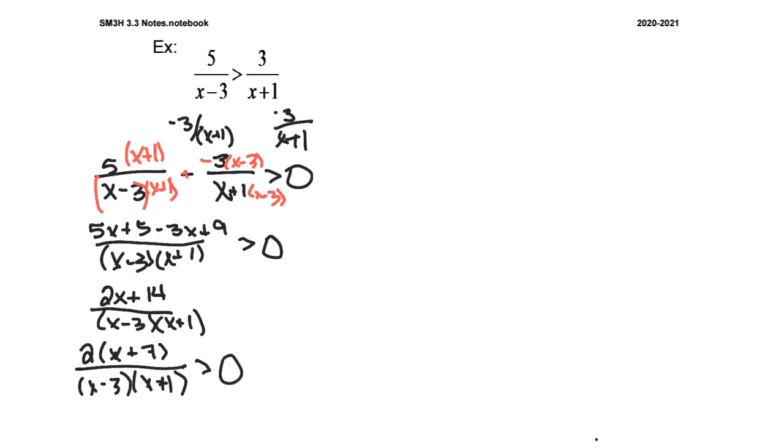So I'm going to draw my number line and kind of combine steps here. So remember, we set our numerator equal to 0 to find our zeros. The 2 is never going to be 0, but I'm going to get -7 as a 0. And then we set the denominator equal to 0 to find our undefined values. So I have a +3 and a -1.